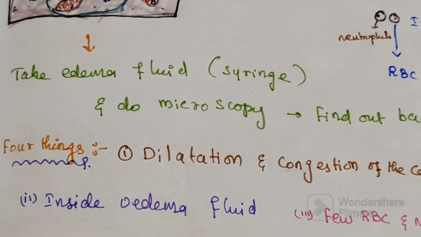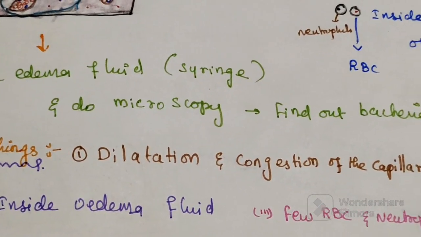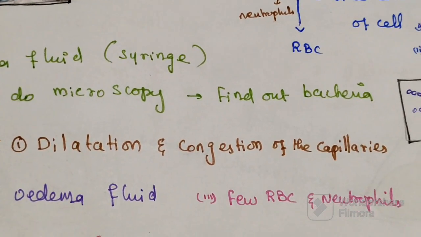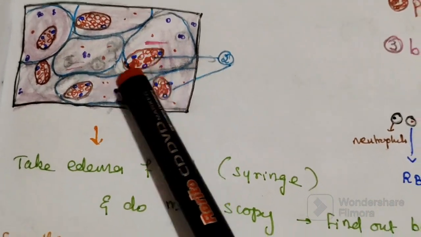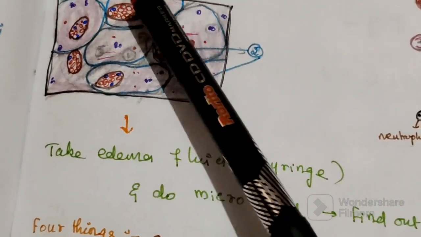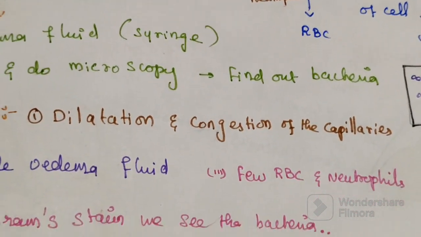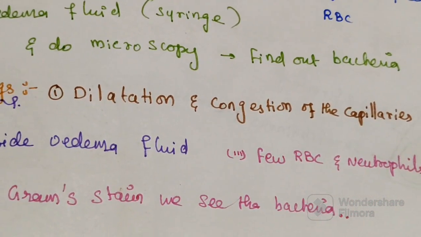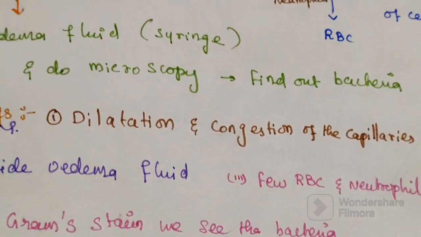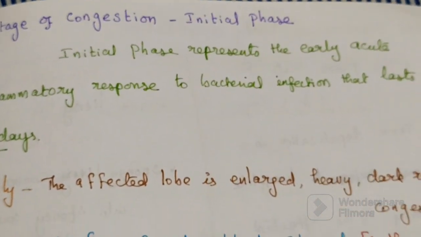Here 4 things we can identify. One is dilation and congestion of the capillaries. Second is edema fluid is present. Then few RBC and neutrophils are present. Then by Gram staining we can find bacteria. This is the first stage, congestion.